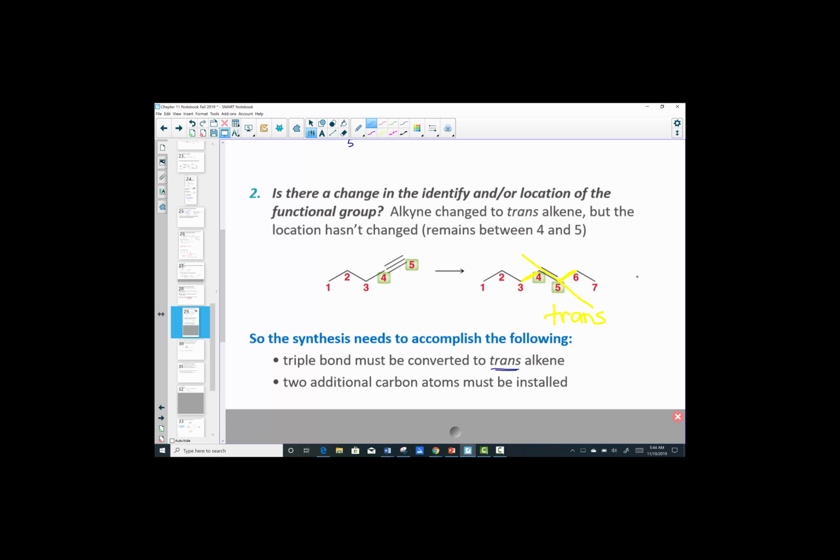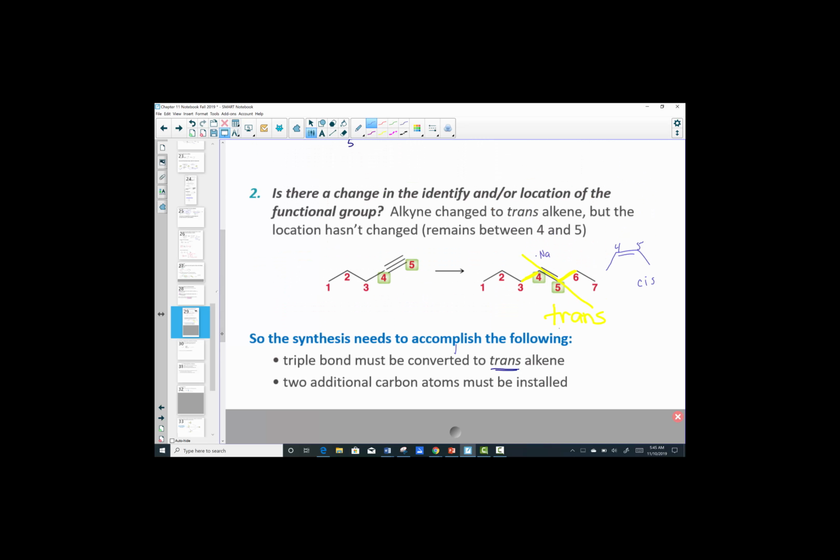Had it been a cis, we'd end up with a carbon skeleton that looked like this at position 4 and 5. I remember learning that there are two very different reagents to produce a cis alkene. We called those poisoned catalysts, like a Lindlar's. Or if we're producing a trans, the reagent had elemental sodium and an ammonia workup. So we had to think about the configuration of this double bond as well.